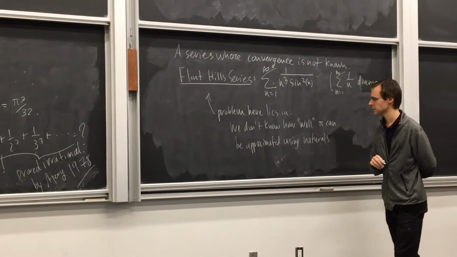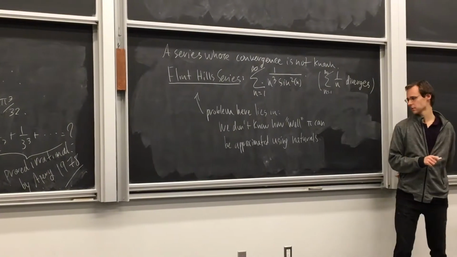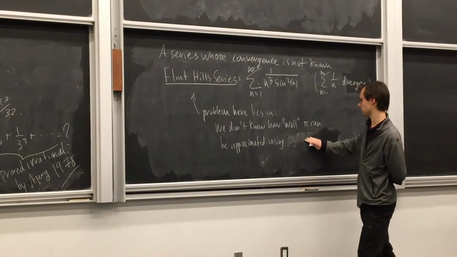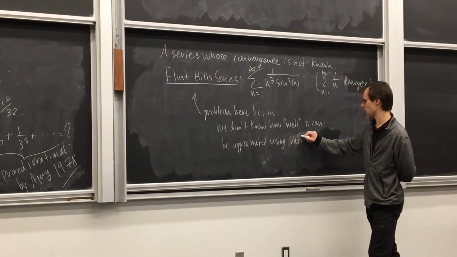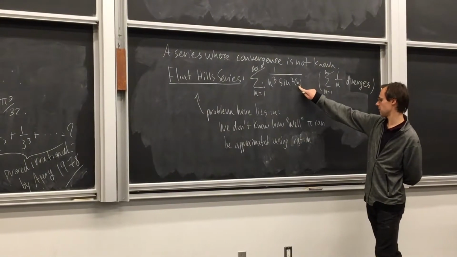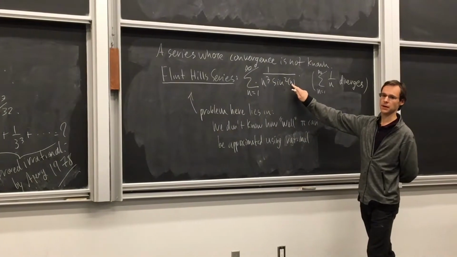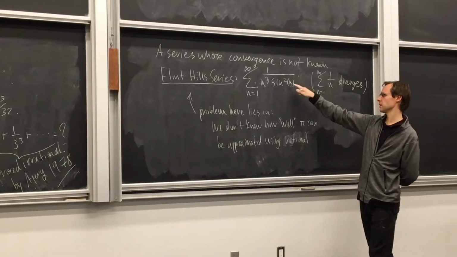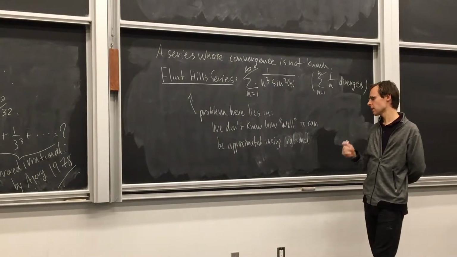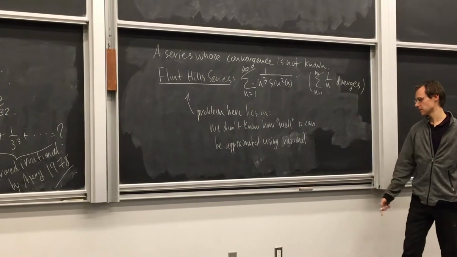Okay? If it turns out that pi can be approximated very well, sorry, not naturals, rationals rather, okay? Because we're looking for sine of a natural being very, very close to a natural times pi. So if you divide that natural out, you get a fraction being very close to pi, okay? We don't know how well pi can be approximated using rationals.